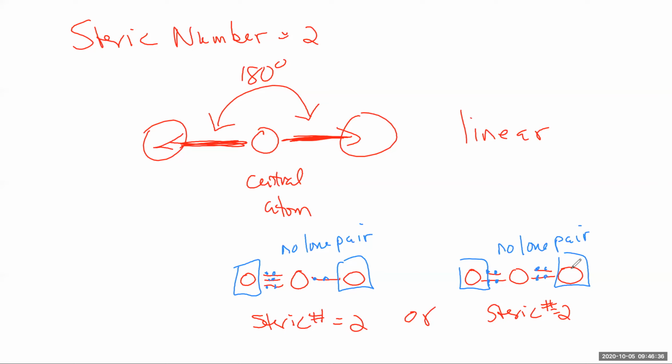So what happens when the steric number is not 2? What happens when the steric number is 3? Well, now if I have an atom and I have 3 things that want to get as far away from each other as possible, this is kind of geometry, they're going to go out to the corners of an equilateral triangle.